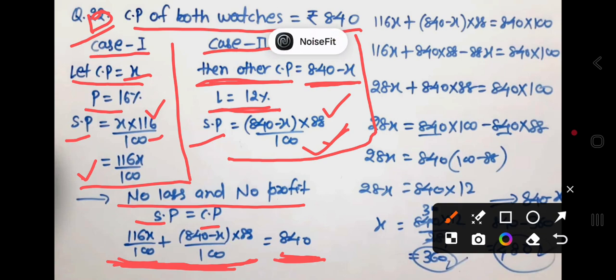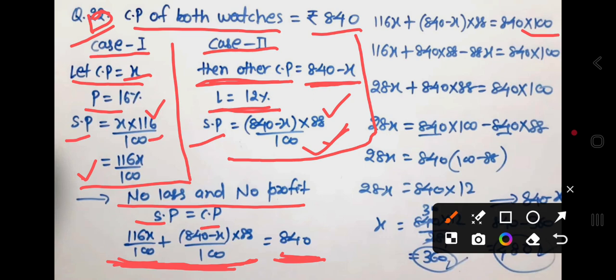Okay, so here is the LCM. So 100 will go to the RHS. Here 100 is in division, so it will go to the RHS in multiplication. So 116x plus 840 minus x into 88 is equal to 840 into 100.